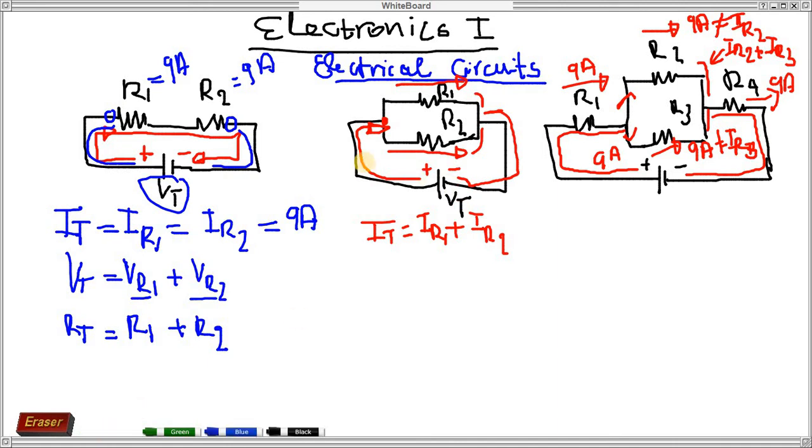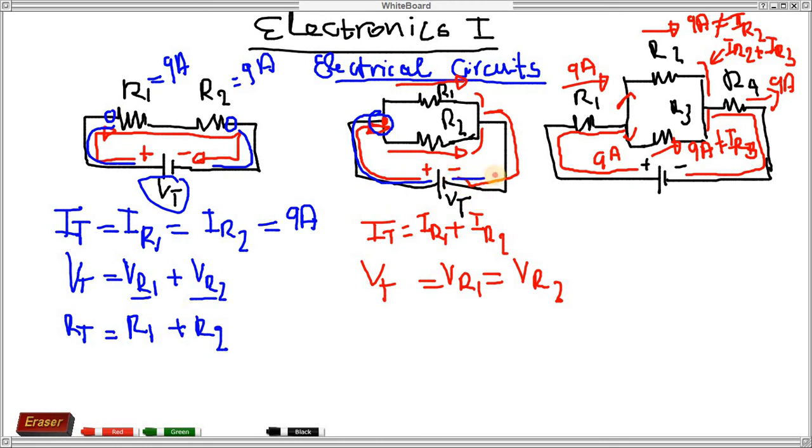So let's come now to the parallel circuit. In a parallel circuit, the voltage across R1 is going to be the same as the voltage across R2. Check this case: the voltage is holding these two branches, the branch of R1 and the branch of R2.